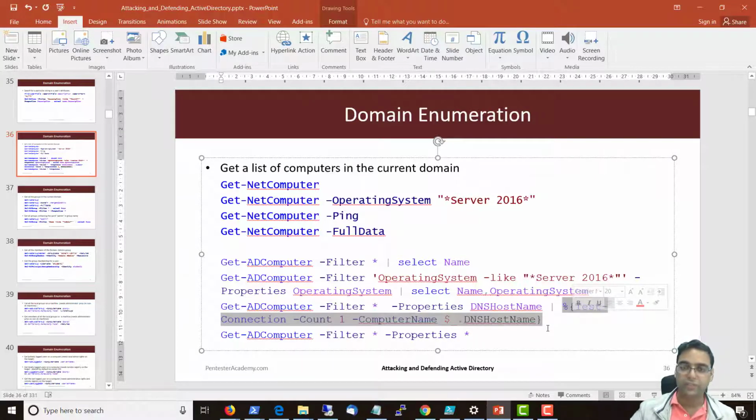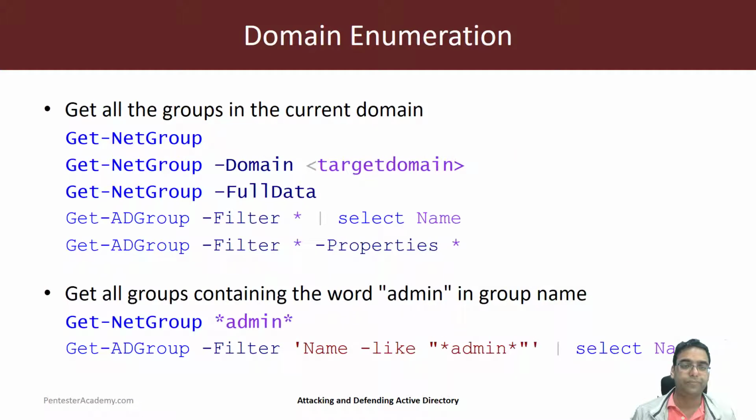So if ping is filtered by an external firewall or the host firewall of a machine, this may give you a false positive, but it is worth a shot nonetheless, right? So these are the ways we can enumerate different machines or computers in the domain.